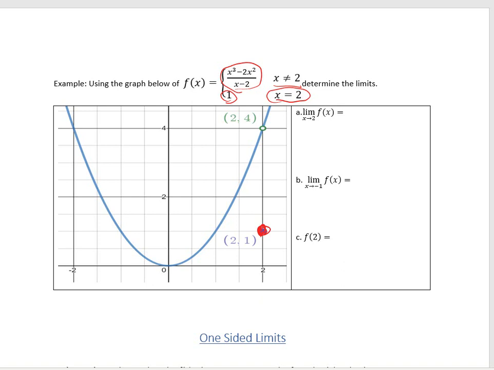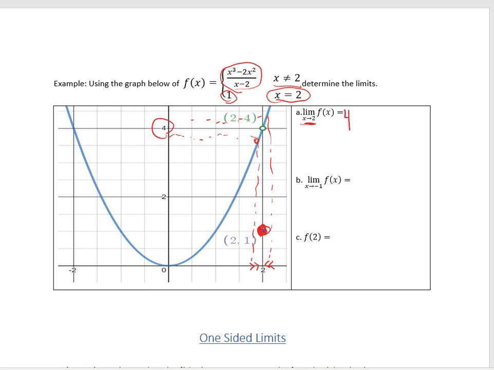So again, let's look at the limit as x gets really close to 2, but remember, we're not actually going to plug 2 in. So we're getting really close to 2, and if I follow my x value up all the way to my graph, and follow it over, again, no matter which side I'm getting close to, it still looks like my y value is getting closer to 4.